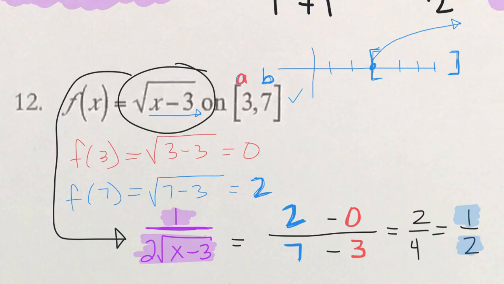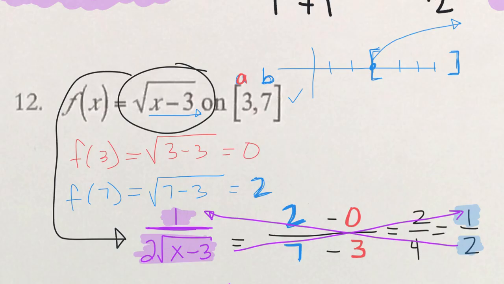The denominator of my left fraction needs to be equal to the denominator of my right fraction. Now, believe it or not, if I were to cross multiply, this times 1 equals that times 1, it's the same thing. So if I have a fraction equals a fraction, I solve that by cross multiplying, and I get 2 root x minus 3 equals 2.